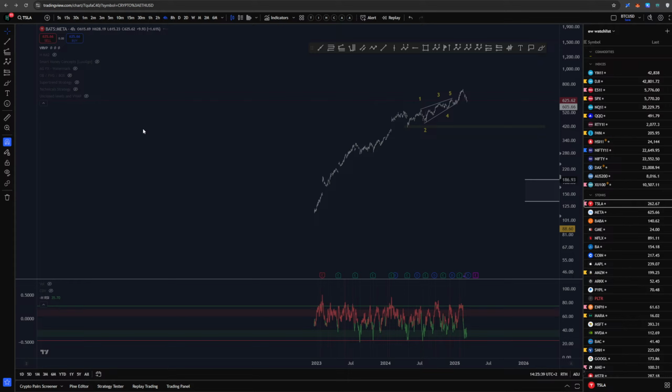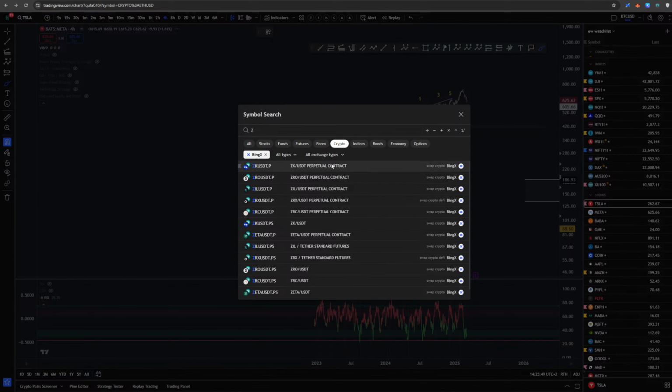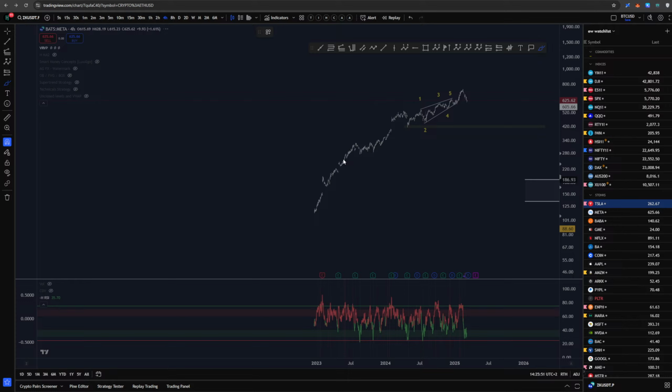Huh. Well, that's a nice one. Is there anything I can do? TradingView's not working for me now. Anyone else having this problem?